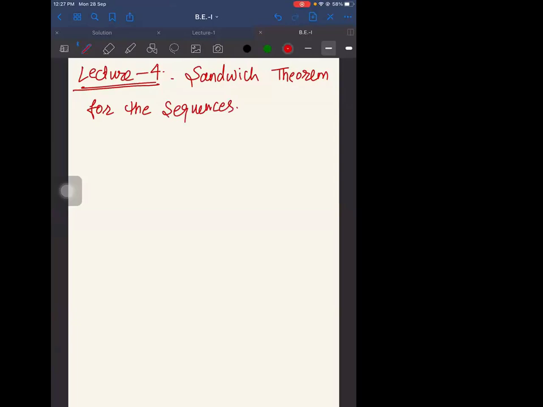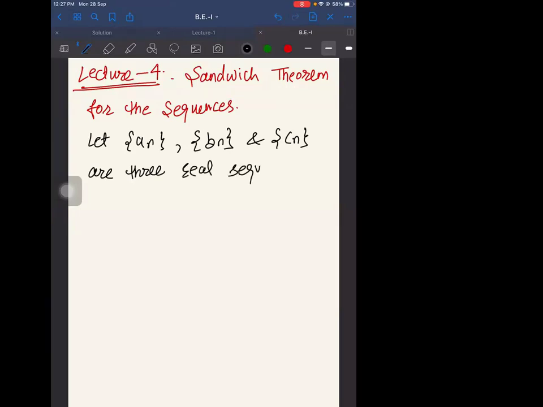So what I want to say is, let an, bn and cn be three real sequences such that an is less than or equal to cn, and cn is further less than or equal to bn, right?